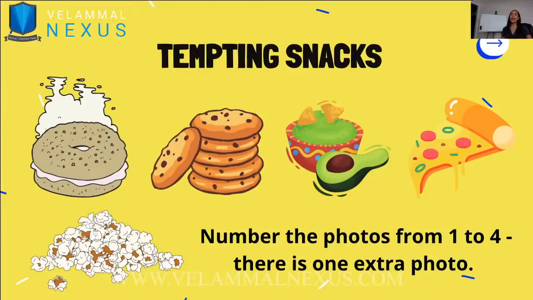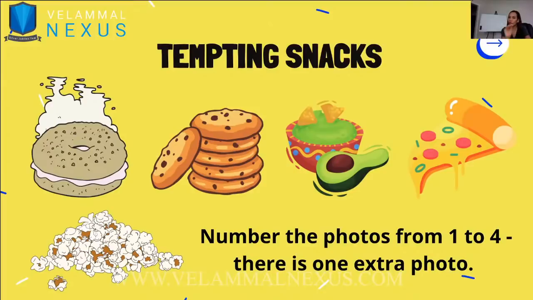So we have here a bagel, cookies, guac or guacamole, pizza, and popcorn. We are going to listen to this audio twice, okay, and you are going to number the photos from 1 to 4. I know you have 5 photos, which means there is 1 extra photo.